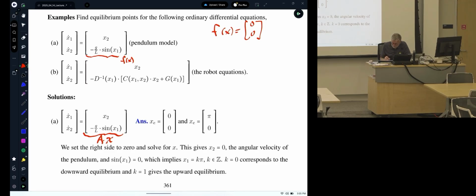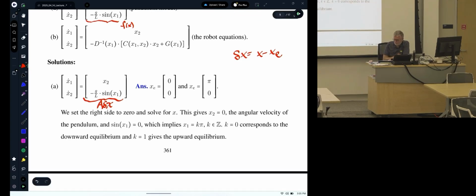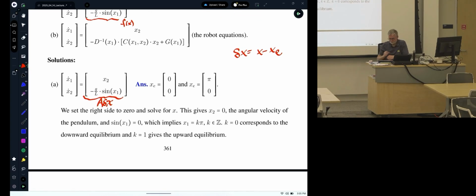And I'll write that x is small, where delta x is the deviation from the equilibrium point. Okay, so we know how to do that. We take f evaluated at the equilibrium point plus the Jacobian at the equilibrium point times delta x. That's how we do a first order approximation of a function.